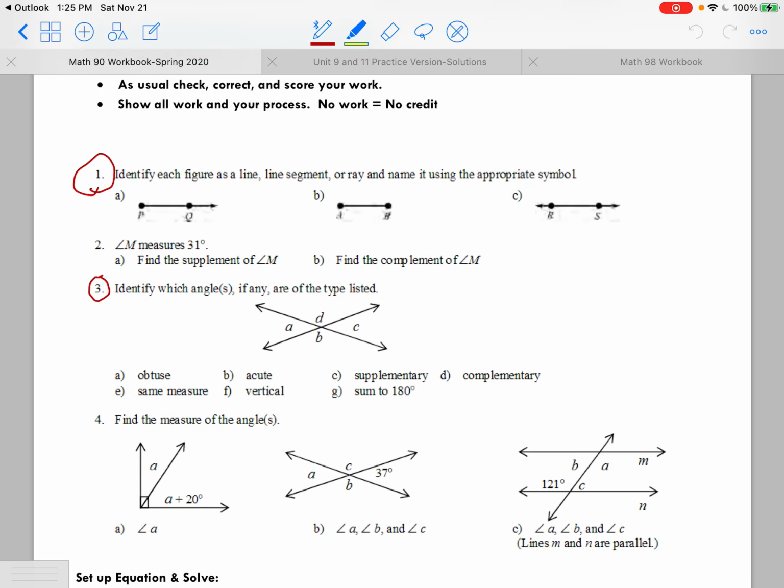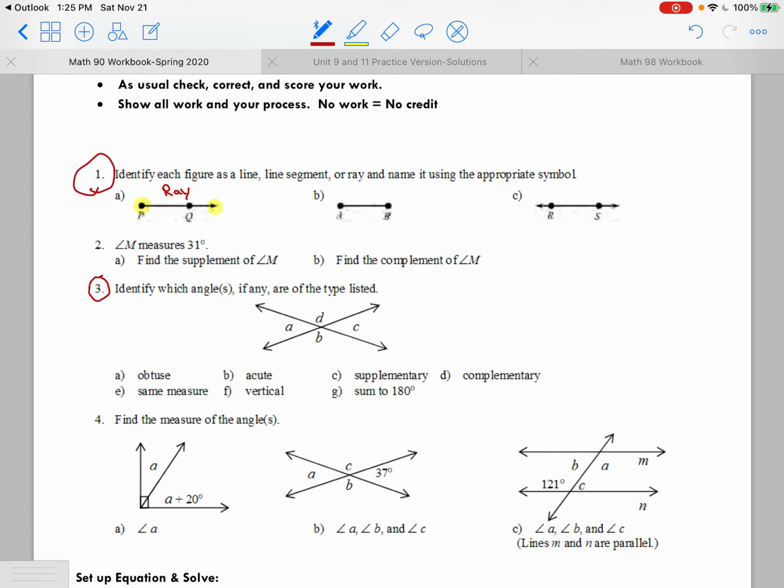So we just went over the vocabulary and notations for these. You can see in A actually has a starting point here, right? It has a starting point, but then it has an arrow on the end, just on one side. So we know that this is a ray. It's definitely a ray.